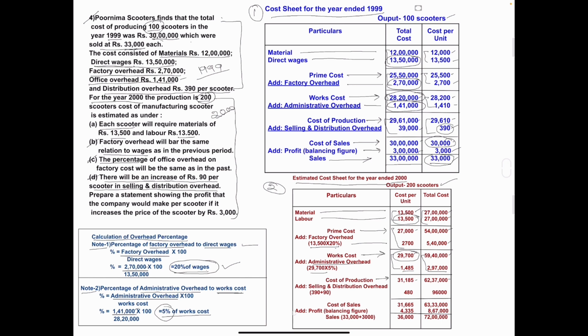Yes or no? See the per unit column of the 1999 cost sheet, 390. This year they have increased it by 90 rupees. So write here in the bracket, previously it was 390 and this year increased by 90, so 390 plus 90, total is 480.